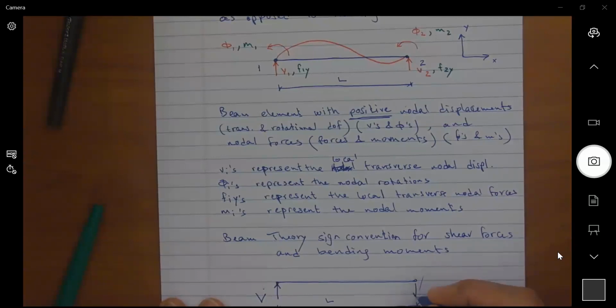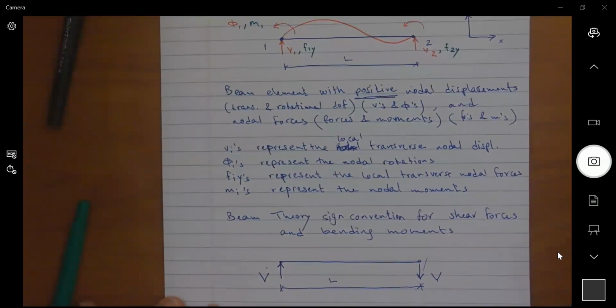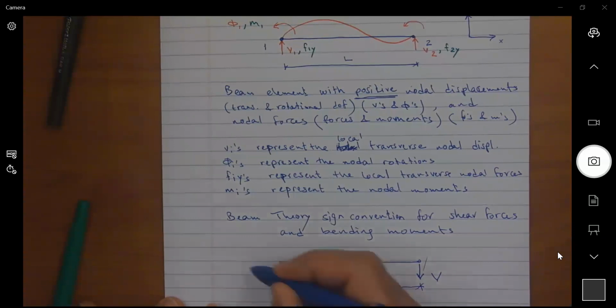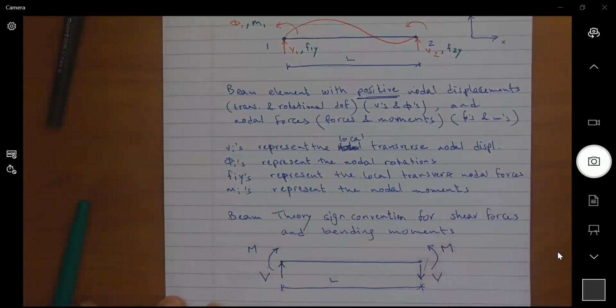Positive will be going downwards. Positive bending moment is always putting tension at the bottom, compression at the top. So this would be a positive moment. This would be a positive moment.